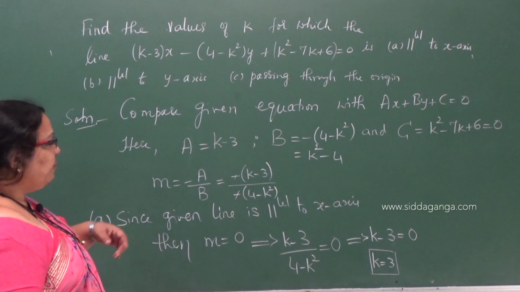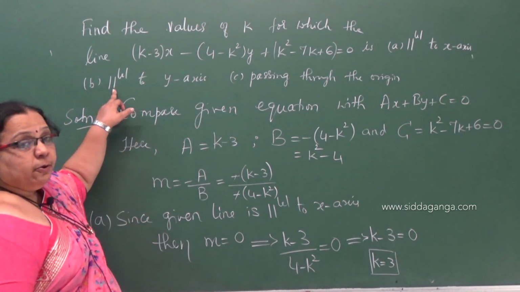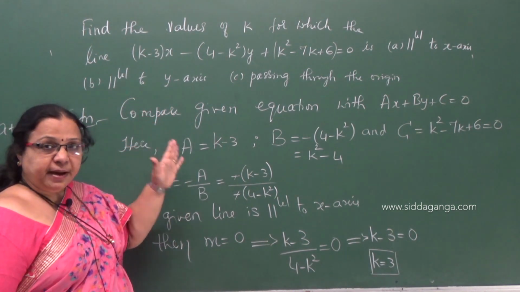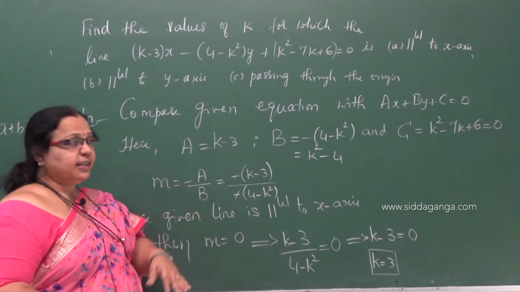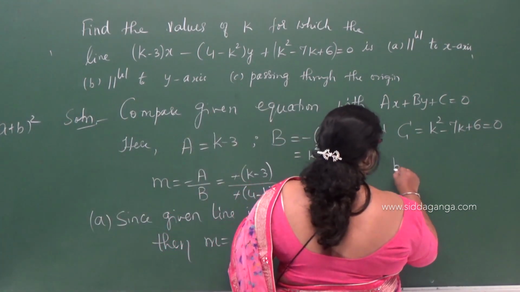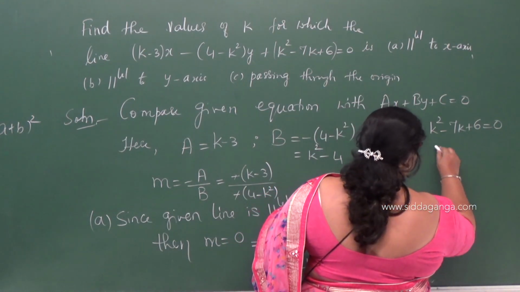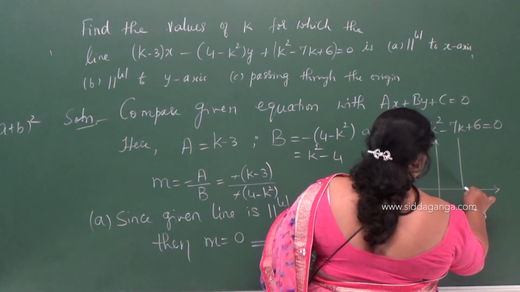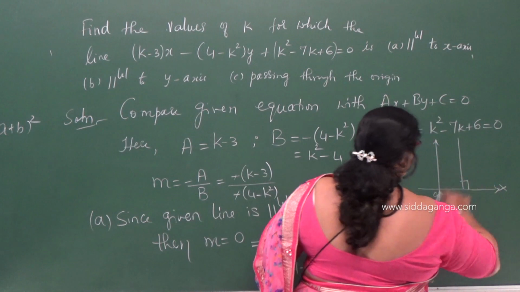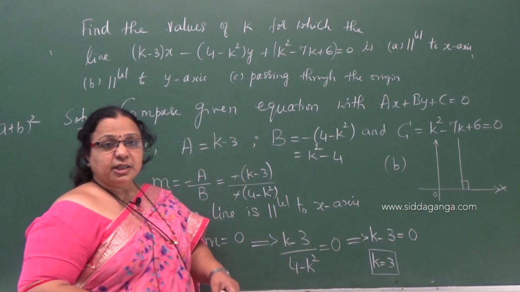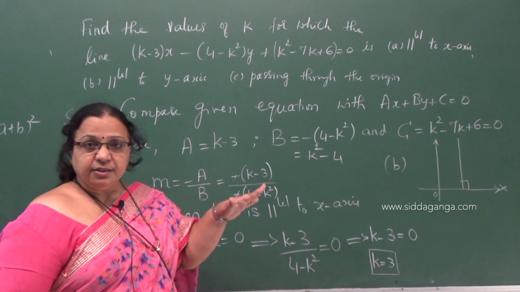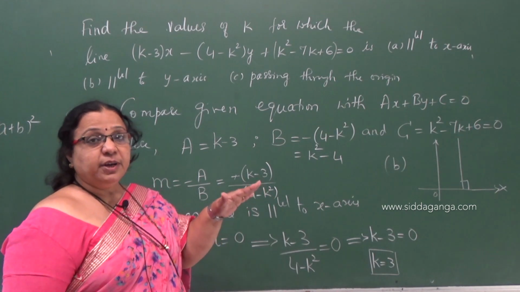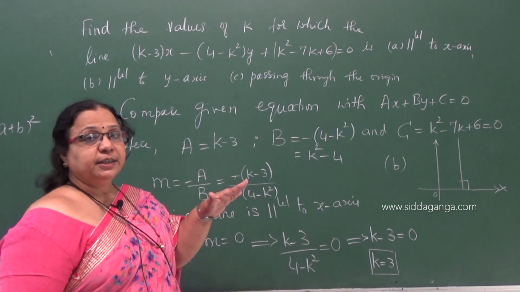Now subdivision 2, the second question. When the line is parallel to y-axis, it will be perpendicular to x-axis. The slope of any perpendicular line with x-axis is always equal to infinity, meaning not defined.